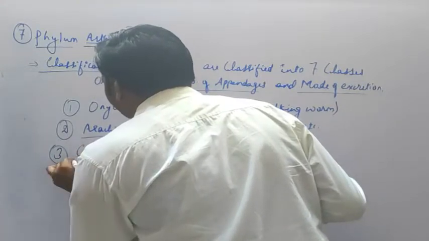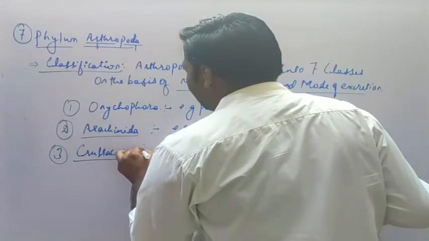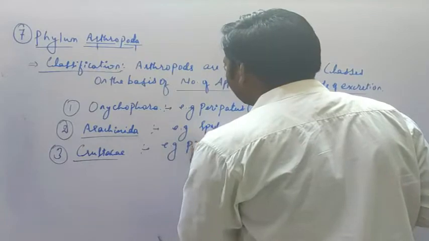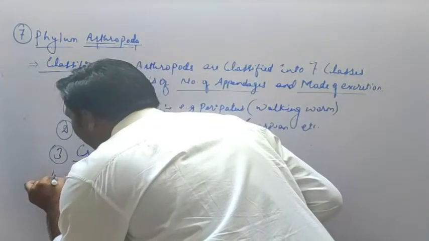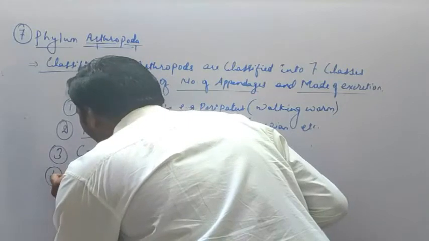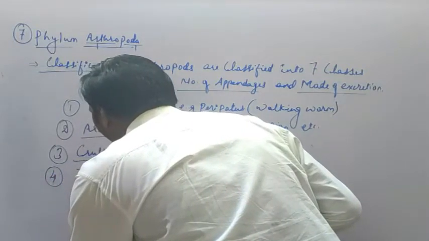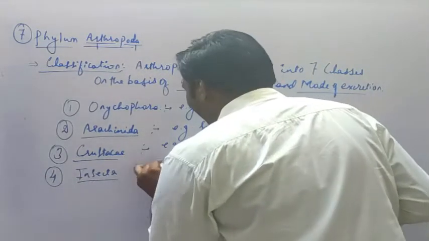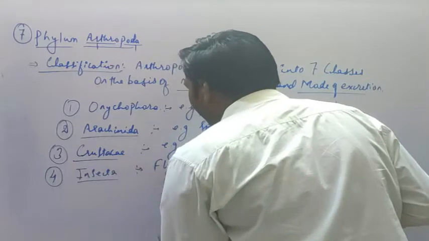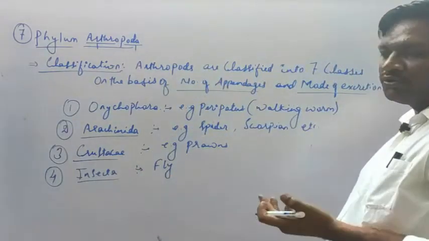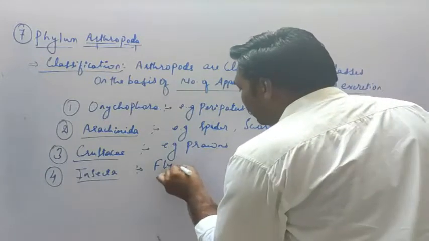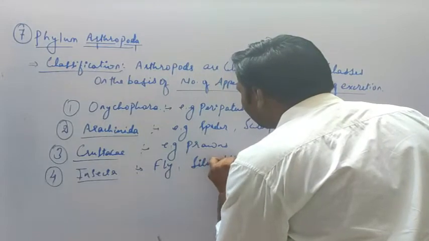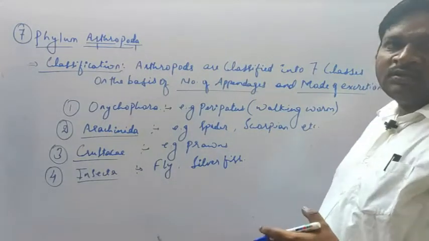In this class, we will take the example of prawns. Then fourth, Insecta. In this class, we will discuss flies, like house fly, mosquito, and silverfish. Silverfish is not a fish; it is an insect.